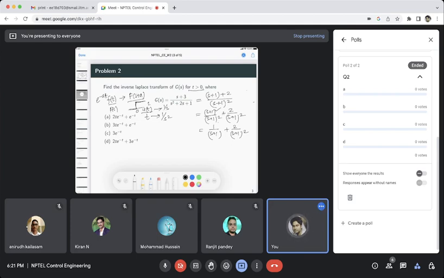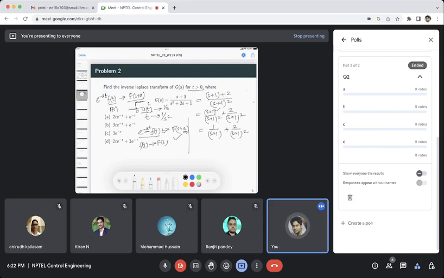Then, if it is multiplied by e to the power minus a t times f of t, and the Laplace transform of f of t is F of s, then the Laplace transform will be F of s plus a.